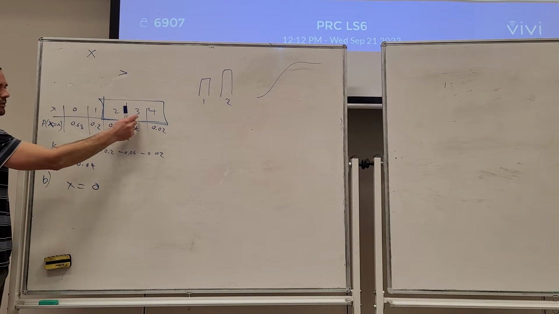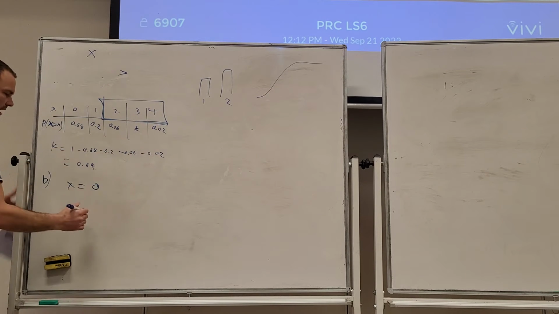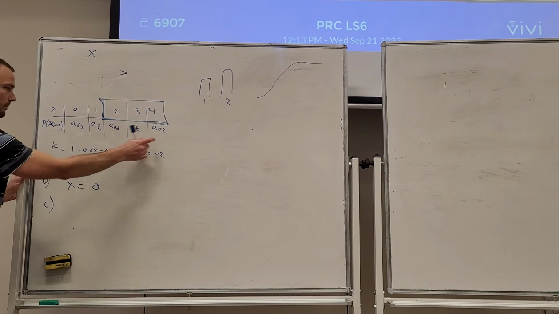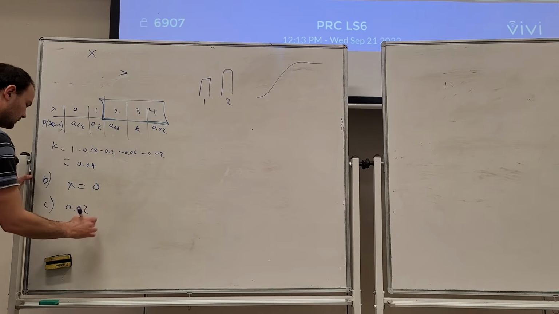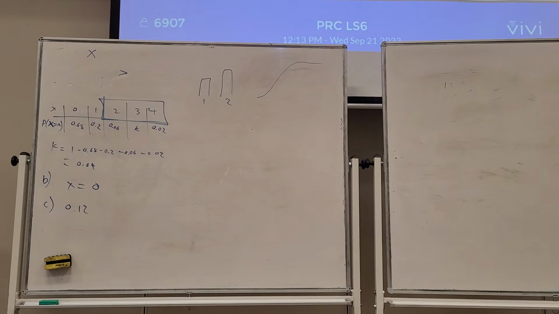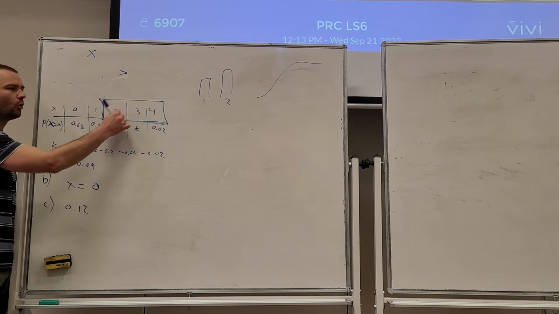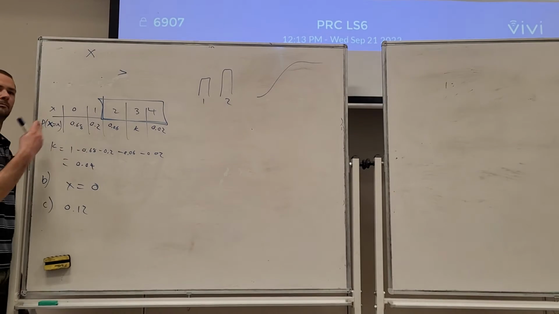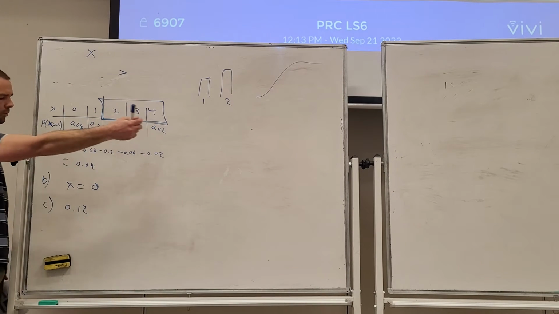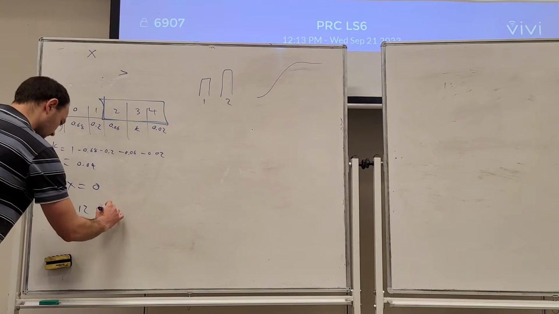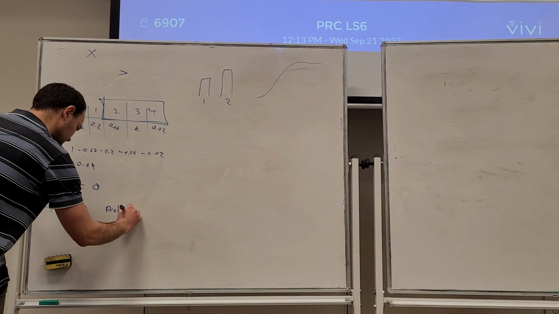So we're going to add these probabilities together and we'll get 0.12. Okay. And so this is the probability that a car will need 2 or more tyres changed.